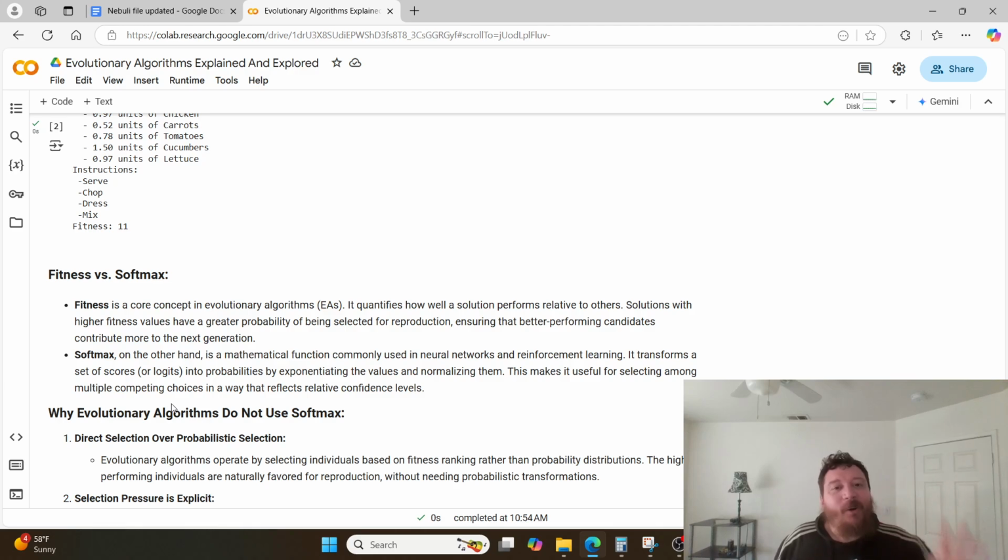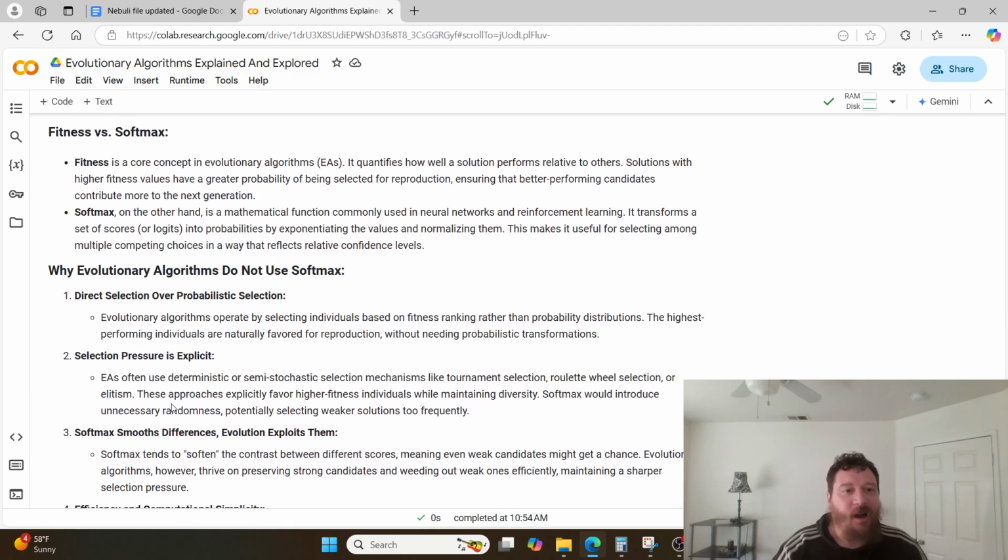Within this and how this is operating, the last core concept I want to break down and make sure you understand is the concept of fitness versus softmax. That's the most important distinction to me when it comes to evolutionary algorithms and swarm algorithms, as opposed to neural networks, right?